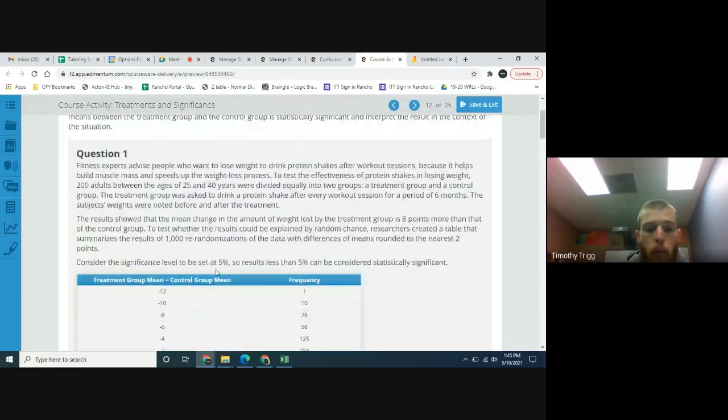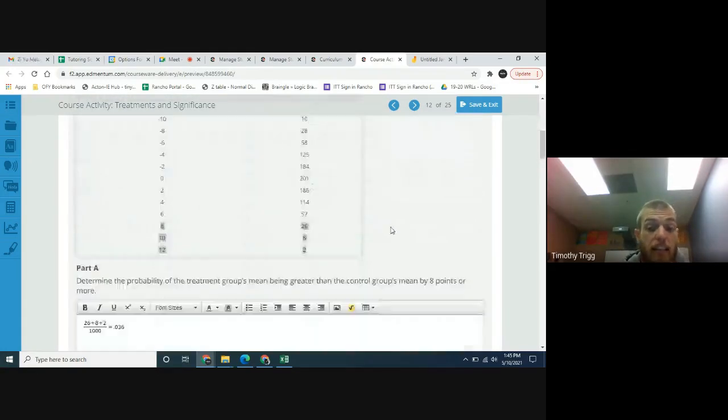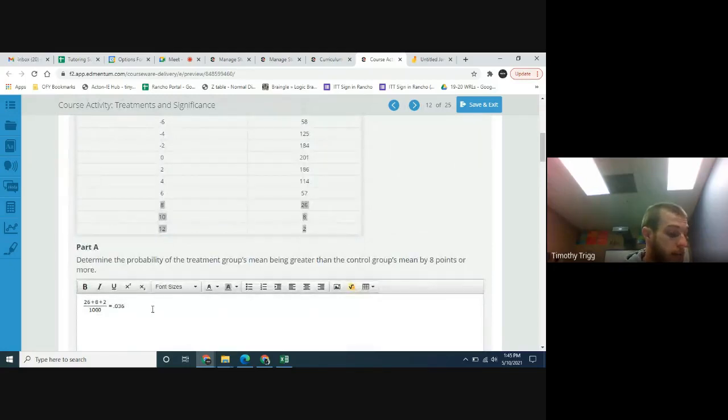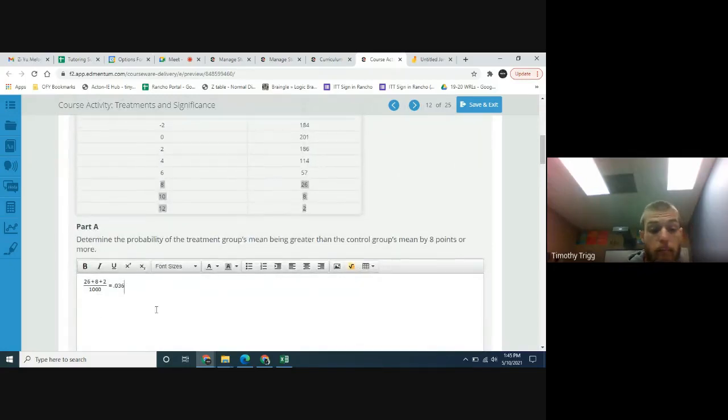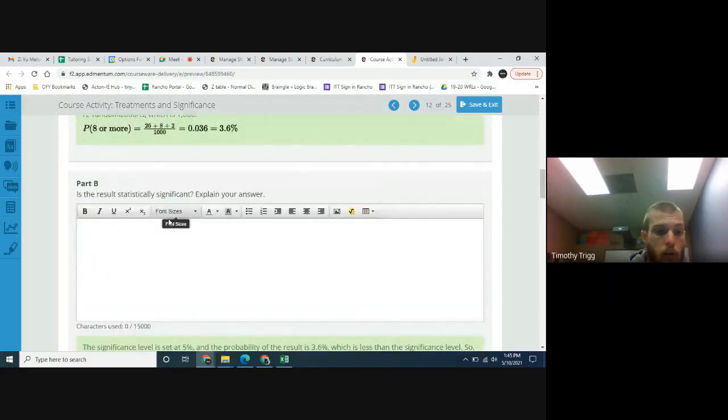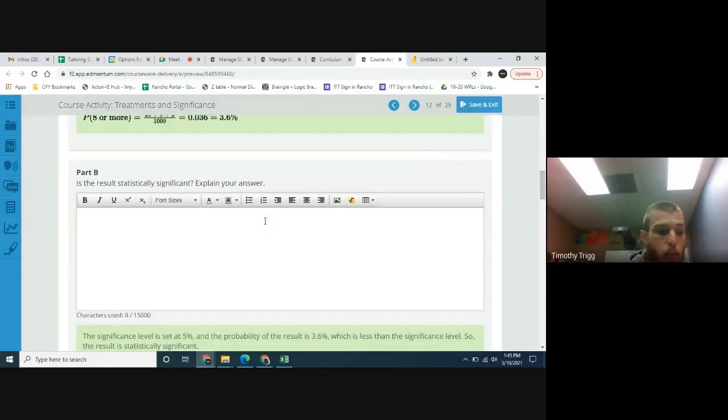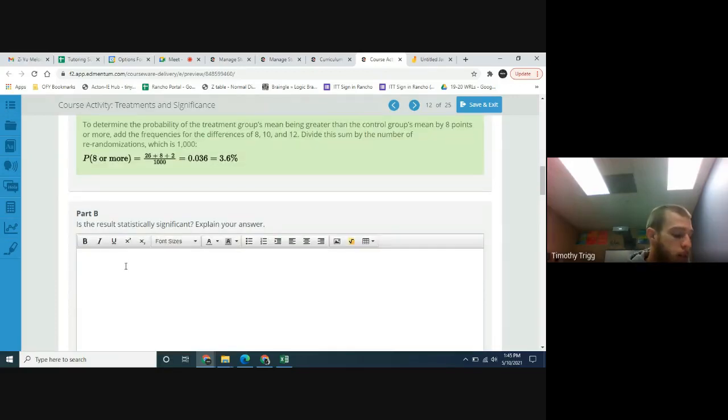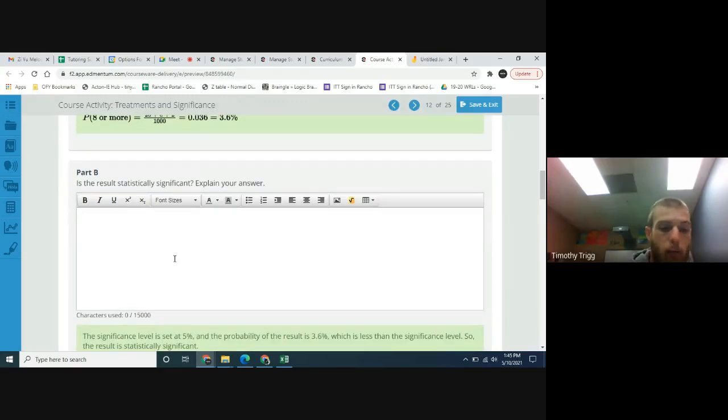Now remember, if results are 5% or lower, then we consider it statistically significant. So we would consider this statistically significant. So are the results statistically significant? We want to say, yes, these results are statistically significant because 3.6% is less than the 5% significance level.